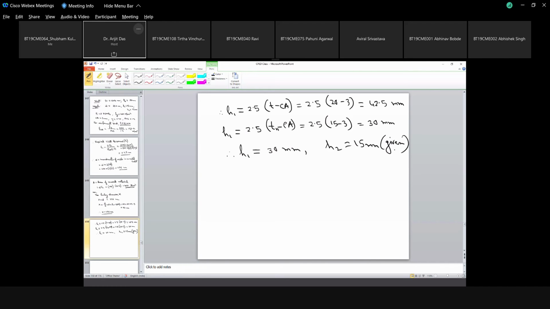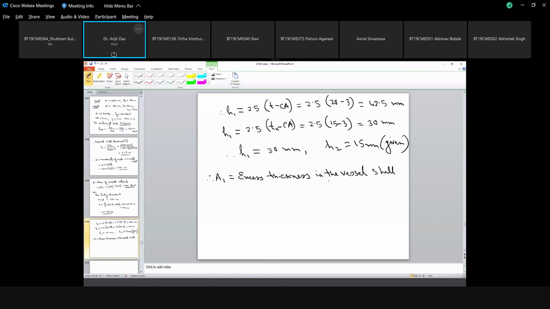Now A1. Now, excess thickness in the vessel shell.